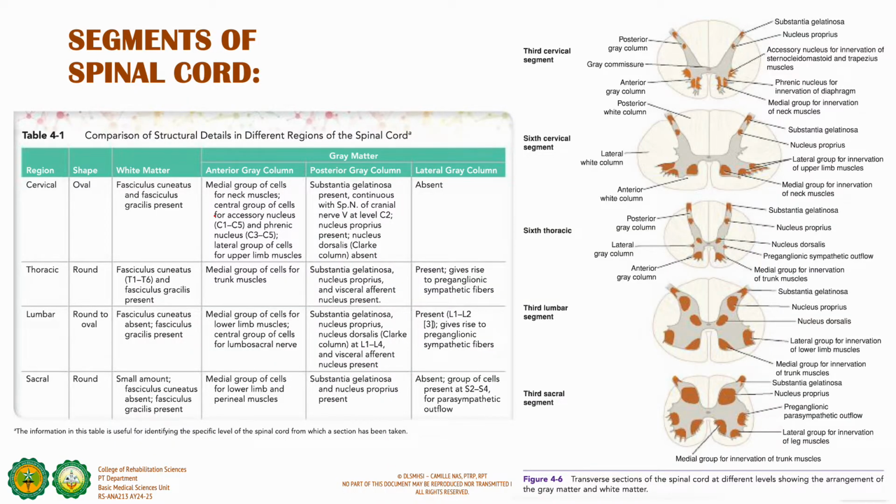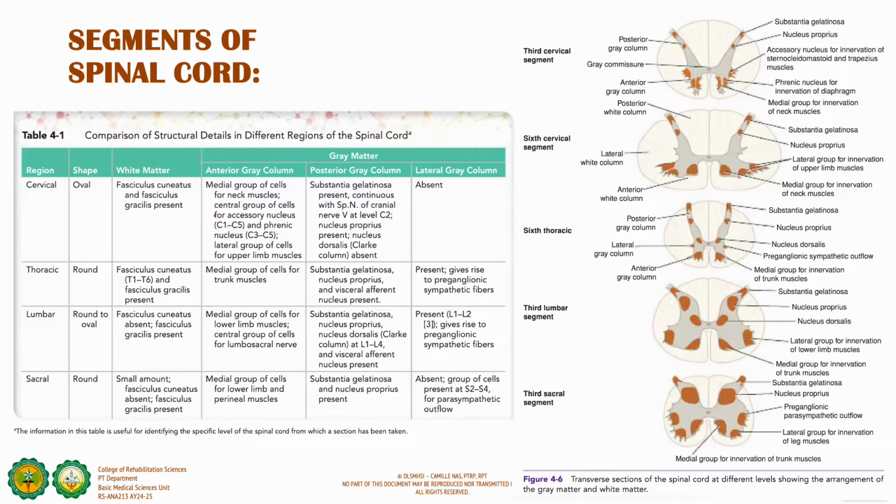So this slide shows us a summary of the structural details in the segments in different regions of the spinal cord. I won't be reading all of this since you can have this copy, this is in Snell. It is summarized in a table. So I'll just mention the special characteristics per segment. For the cervical region, among the segments, it is the only one with an oval shape, because the lumbar area is sometimes oval or round.